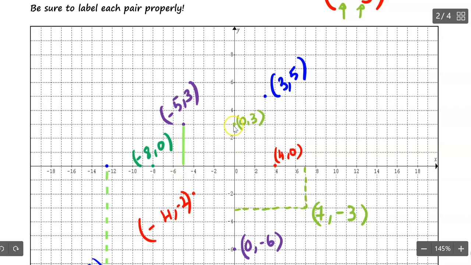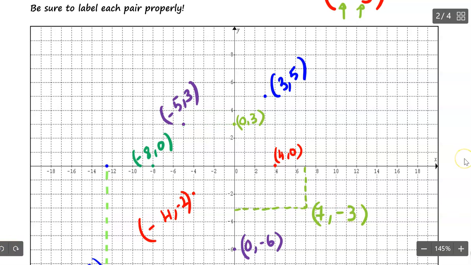Then from the 3 of the y, I draw a line perpendicular to y, moving out. The two lines that meet each other make the point negative 5 and 3. Okay, so that is the coordinate with negative 5 for x and 3 for y. Now I'm going to take away that line that I just drew.